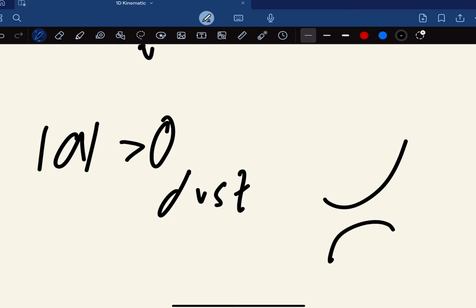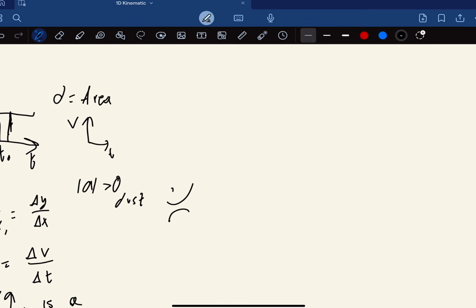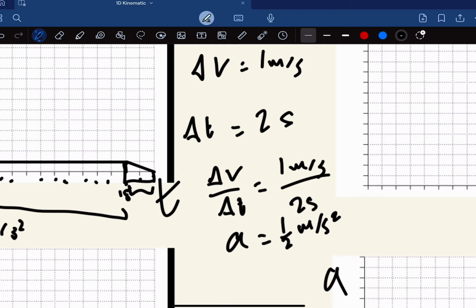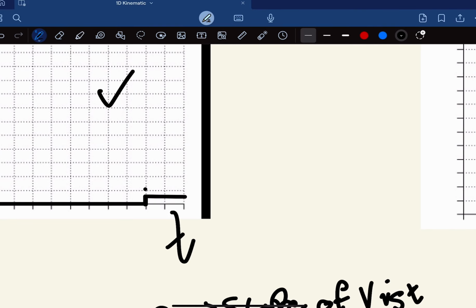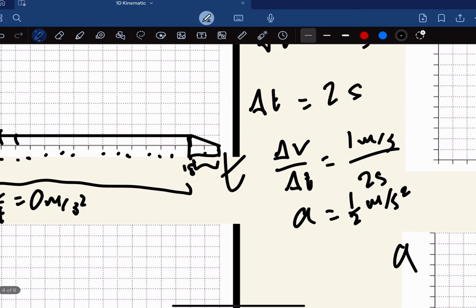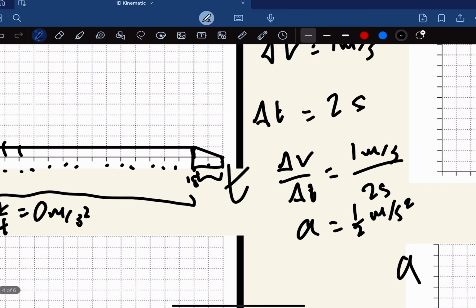And if the acceleration is positive, wait a minute. Sorry about that. I do not have a negative value here. I just realized this is supposed to be going down here, but I did not have a negative axis, so I accidentally took the absolute value.